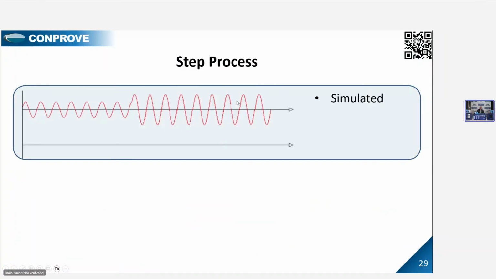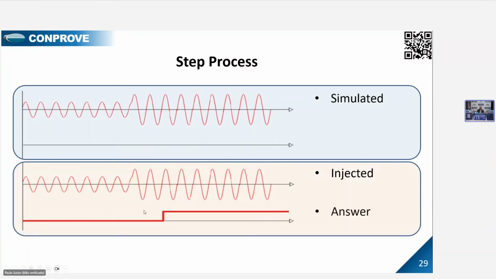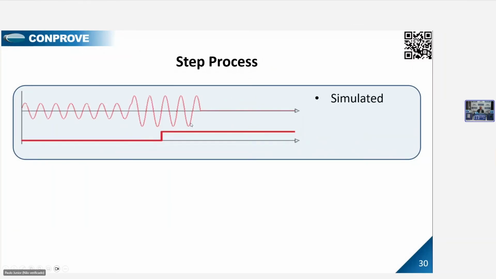Here is the idea of the closed loop using steps. First we have one condition, a pre-fault, and a condition for a fault, and it's simulated. Then in the second step, it's injected, and we have the answer of the device under test. With this answer, we have another simulation, and now we have the fault stopped here.